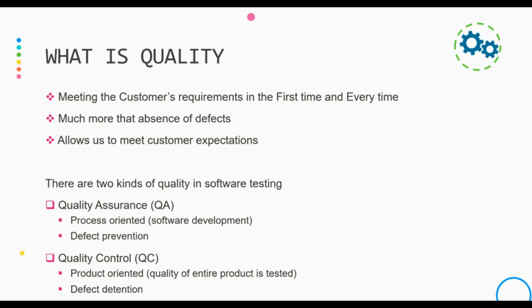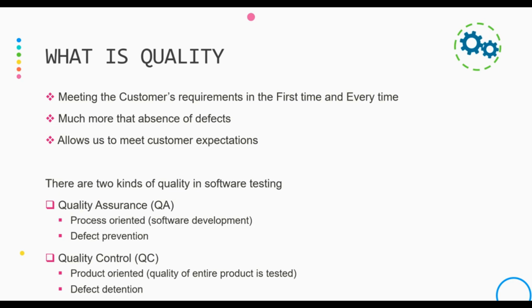So what exactly does quality mean? Meeting the customer requirements the first time and every time. That is quality. The customer is the king. Whatever the customer expects from the software, or whatever specifications for the software are given to the organization, should be fulfilled in the end product.